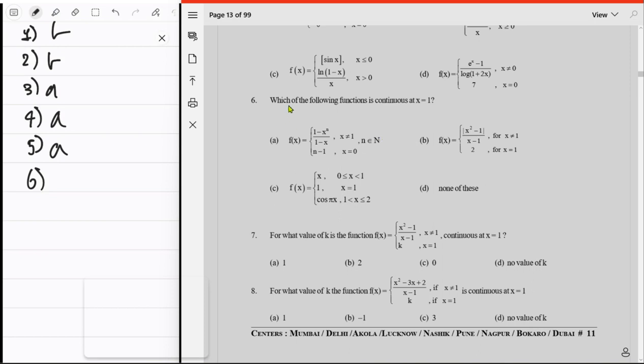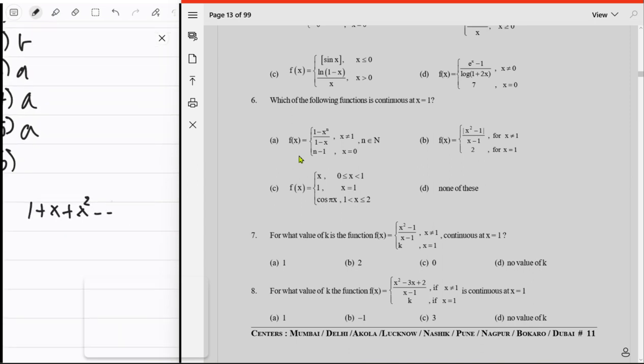Okay, sixth. Which of the following functions is continuous at x equal to 1? So when x is not equal to 1, it's this thing. When x equal to 0, it's just, wait, we don't care about 0, do we? We just care about x equal to 1, right? Okay, so this thing is like 1 plus x square all the way till x power n minus 1. So when x is approaching 1 from either side, this is just equal to what?